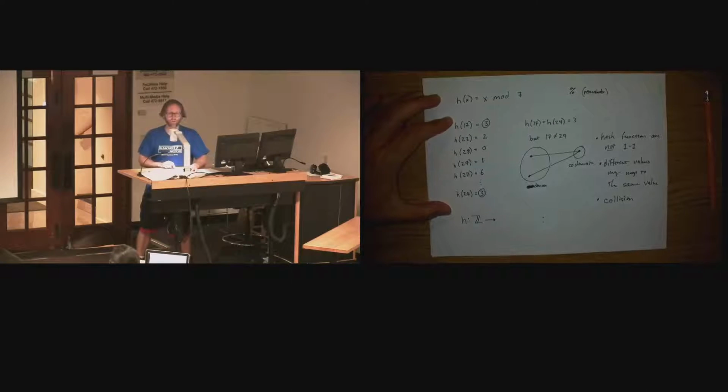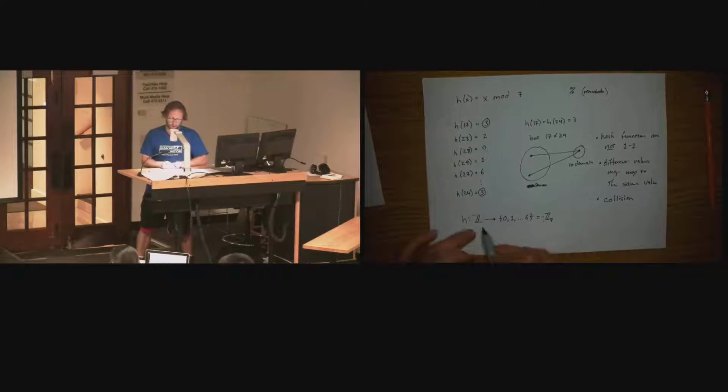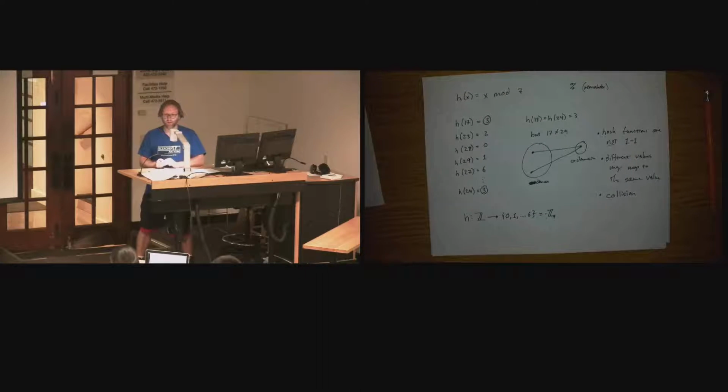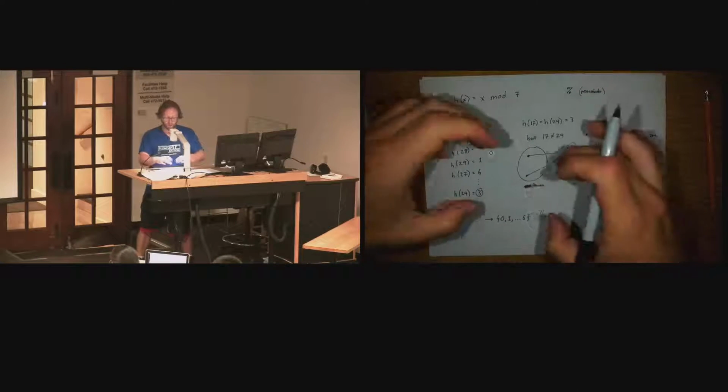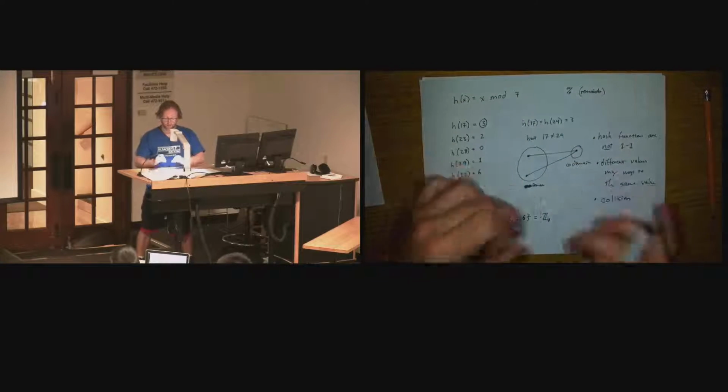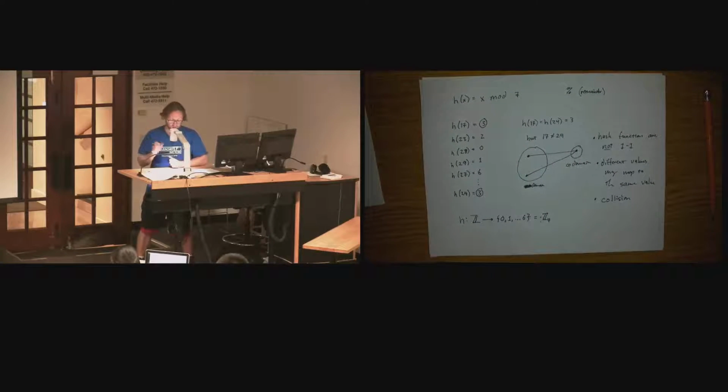How big is the codomain? 0, 1, 2, 3, 4, 5, 6. Right? There are elements that can get mapped to all of those. So it's a finite codomain, 0, 1, up to 6. We call that thing Z mod 7. Right? So if you've got all the integers mapping to just 7 of the integers, obviously then you are mapping a large, infinite domain down to a small, finite domain that's only of size 7.